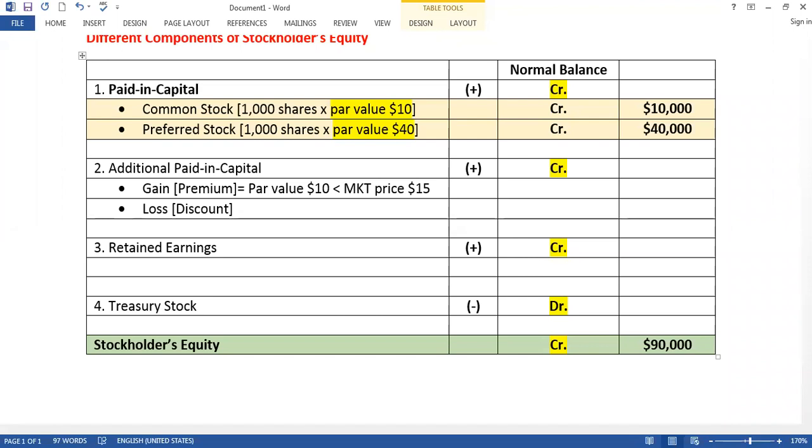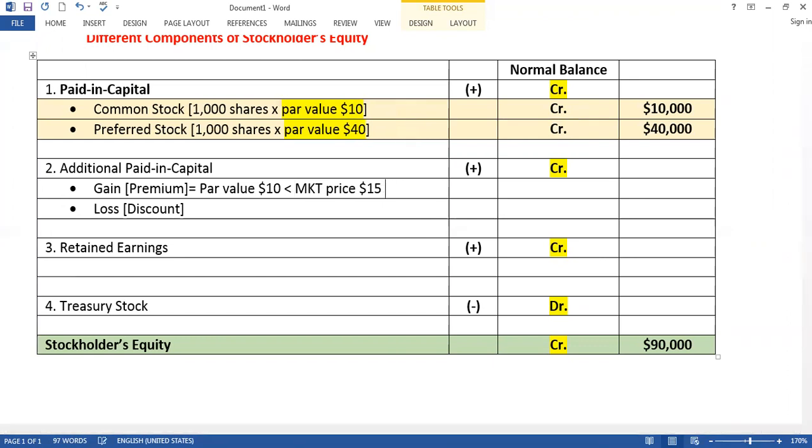Understand this? Now $10, look at it. So $10 we already recorded here. $10 we recorded already as common stock, right? And what is the difference here? The difference here is the $5, right? $5 is the difference. That means you receive an additional $5 from the market. Your product price is $10, right?